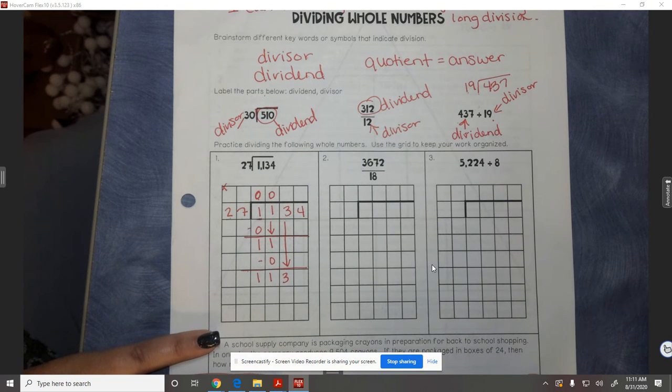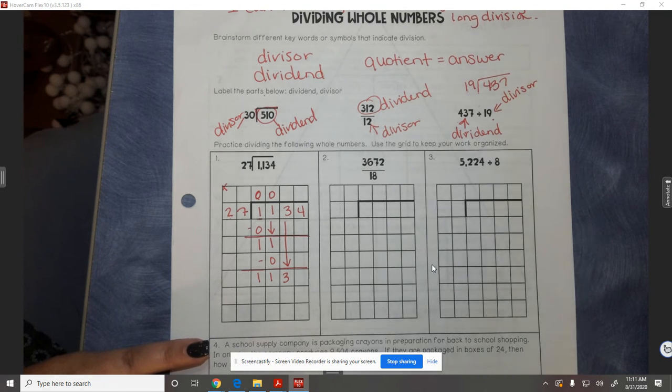Now we have 113. About how many times will 27 go into 113? I want you to stop and think about that. How many times will 27 go into 113? You could round 27 to about 30, and you could round 113 to about maybe 120.